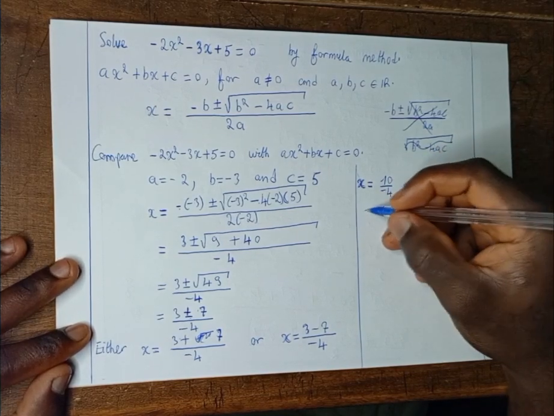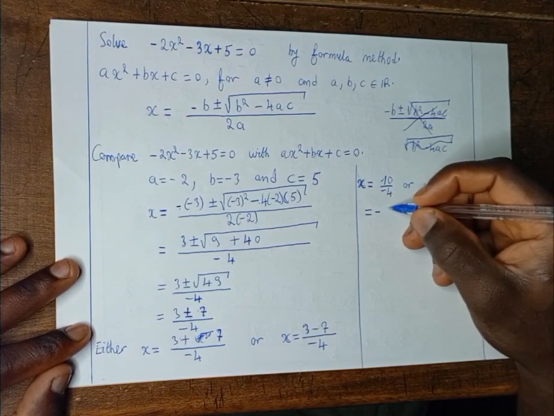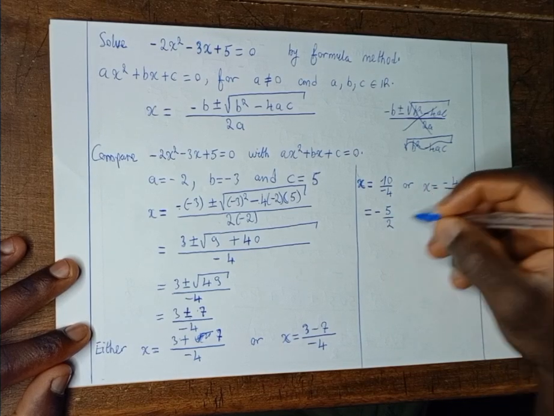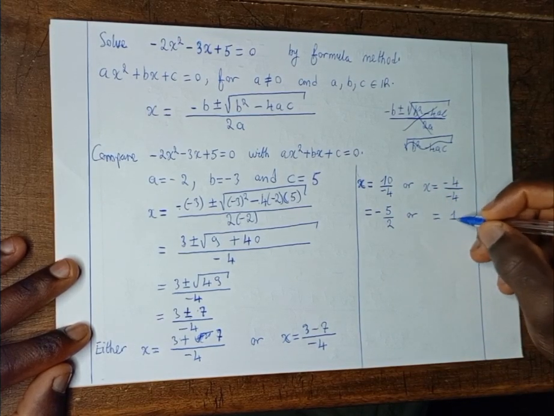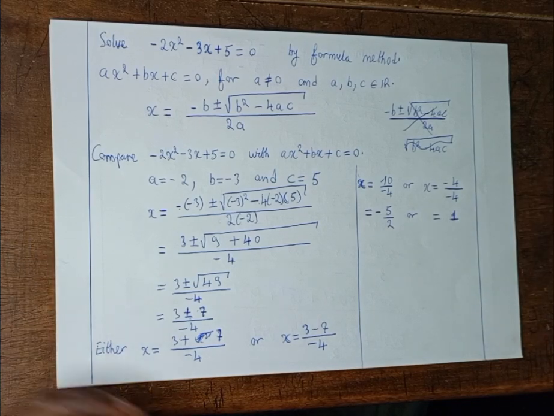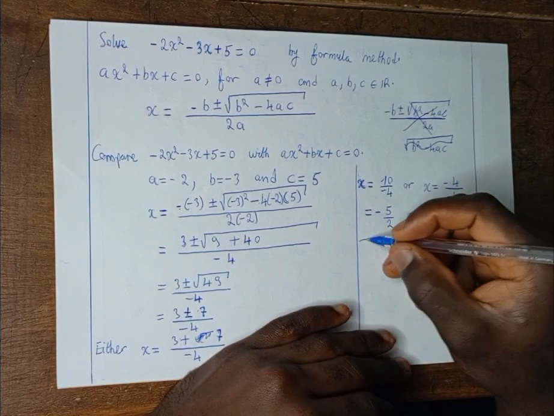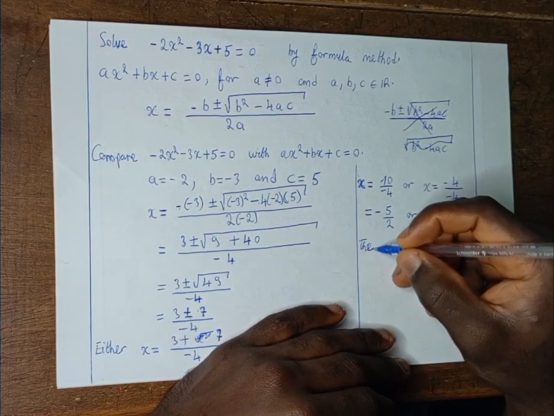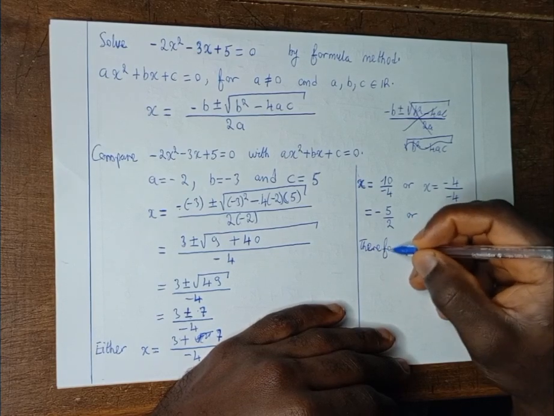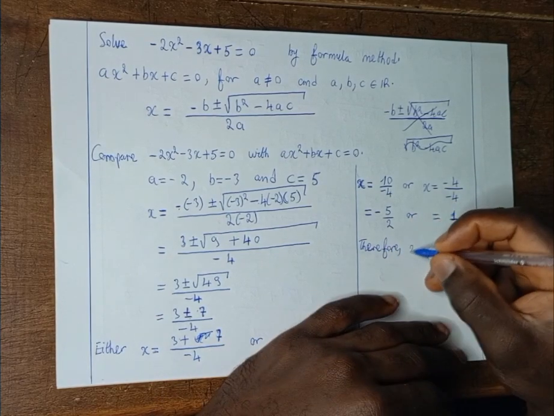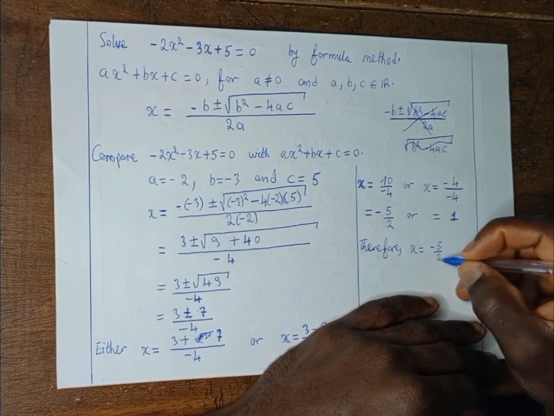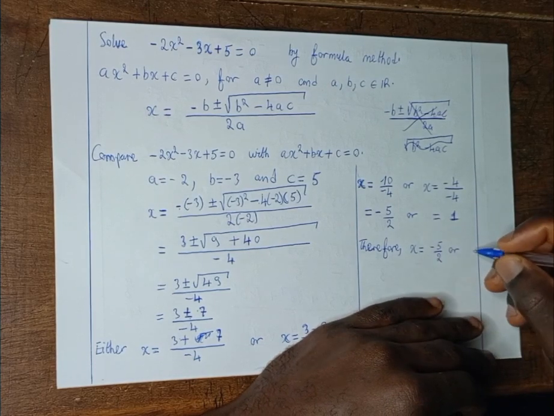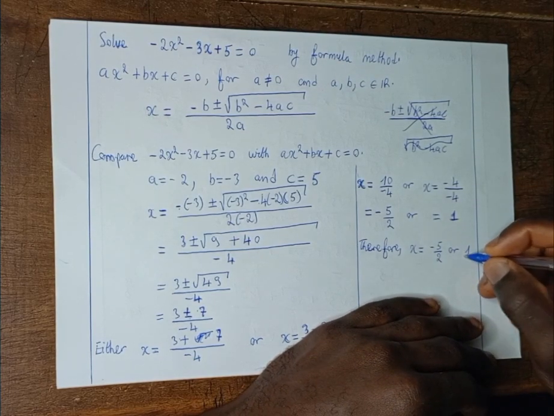Here, if we simplify this one, we are simply going to obtain negative 5 over 2, or here we are going to obtain 1. You know that negative 4 divided by negative 4 gives us 1. Then we conclude, therefore, x will simply be equal to negative 5 on 2, or x is equal to 1.